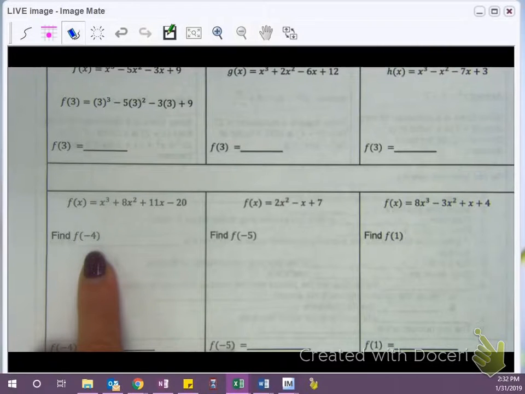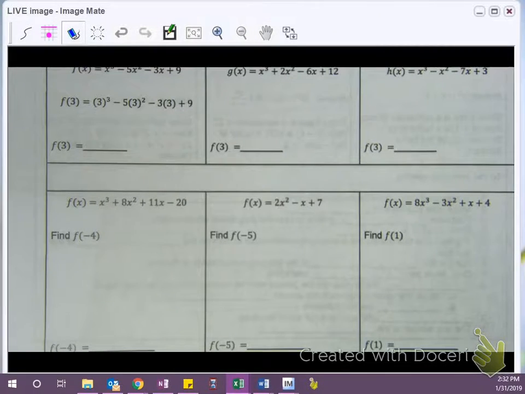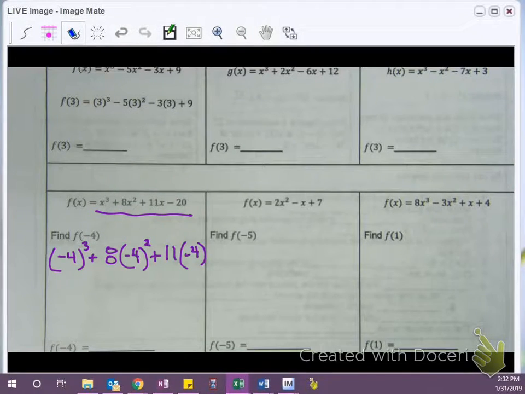Oh, I left my finger there. Okay, now, so -4 to the 3rd power. We're doing this one. Plus 8 times -4 squared. Plus 11 times -4 minus 20.